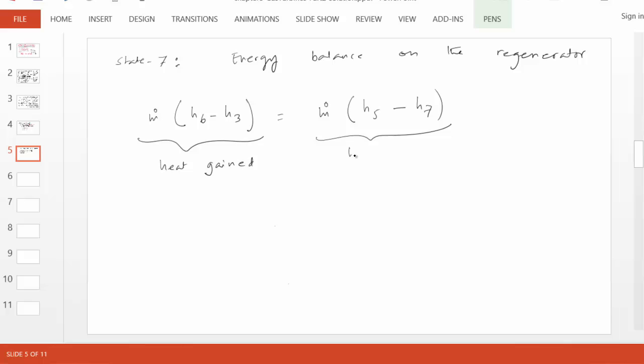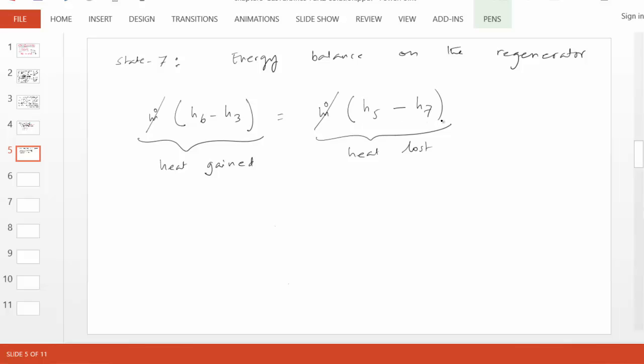So this is the heat lost by the hot fluid. Heat gained by the cold fluid must be equal to heat lost by the hot fluid, and that gives us a formula for enthalpy. If we want, we can get a formula for temperature by substituting the PG model.